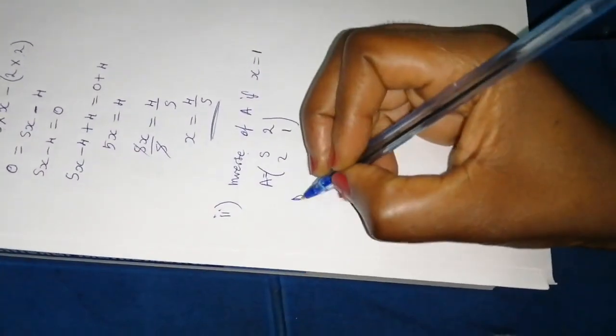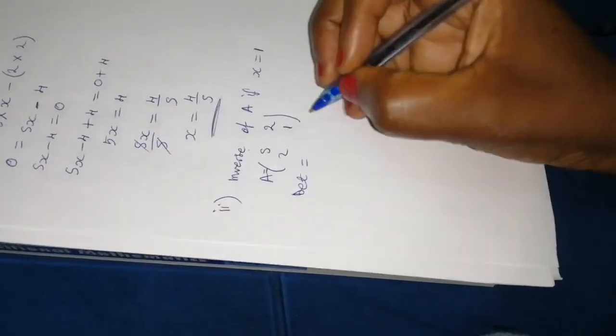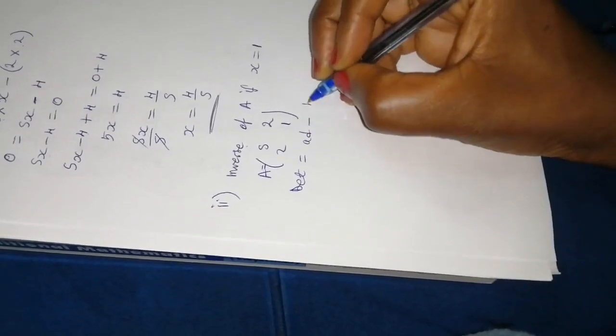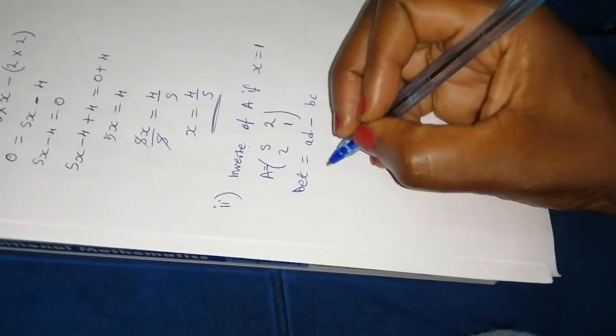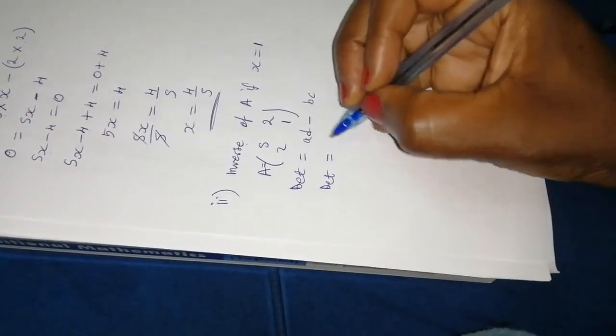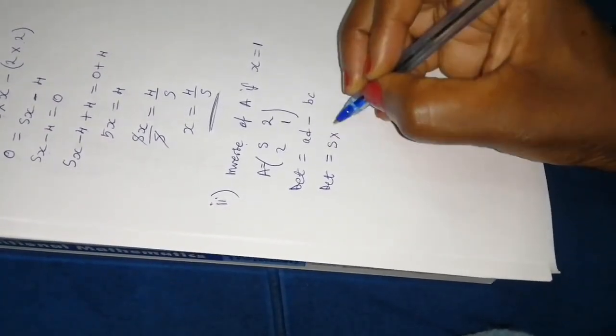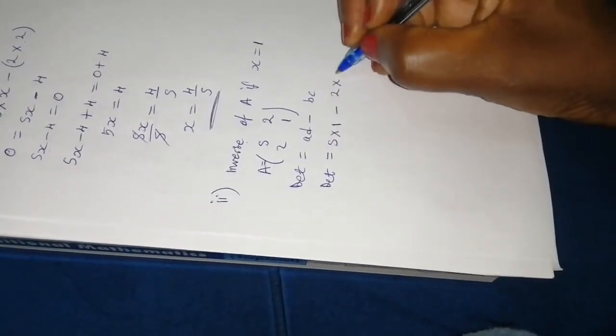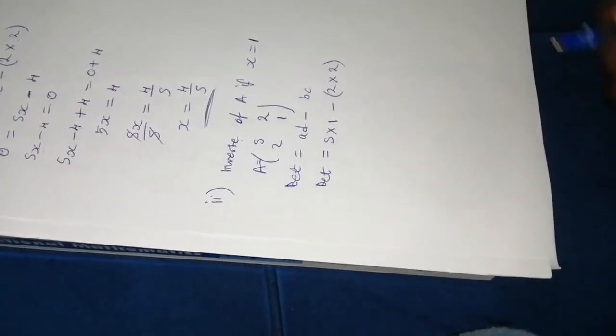Okay, so determinant equals A times D minus B times C. In this case, determinant is not given. A is 5 times D is 1 minus B is 2 times C, which is 2.